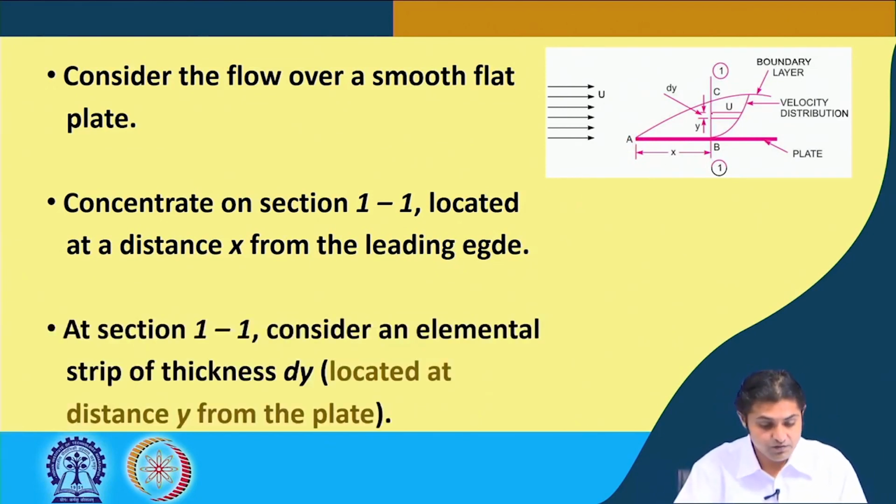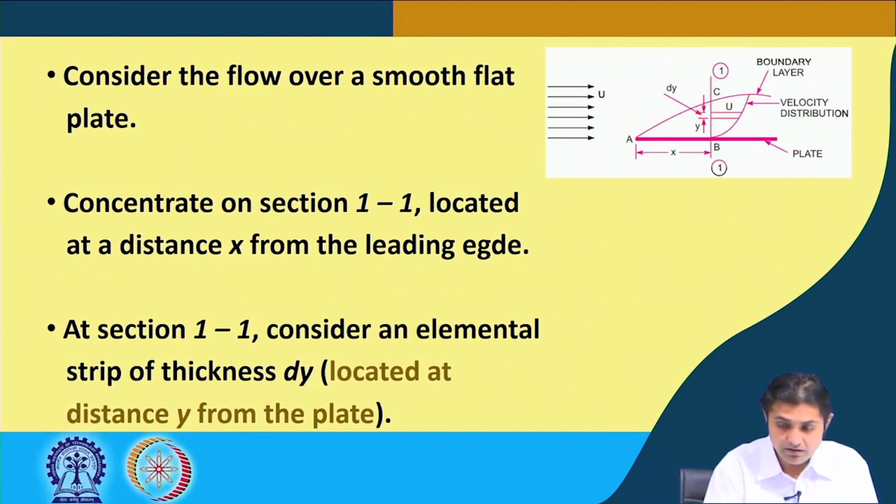Now, at section 1 1, we consider an elemental strip of thickness dy. This is the elemental thickness dy, and it is located at a distance y from the plate.